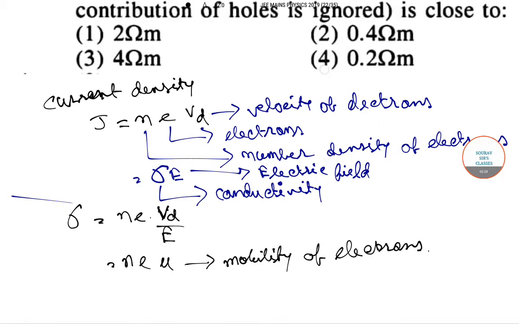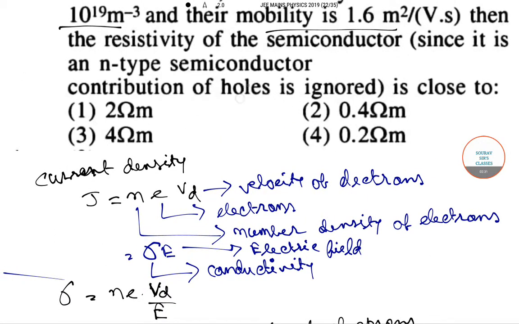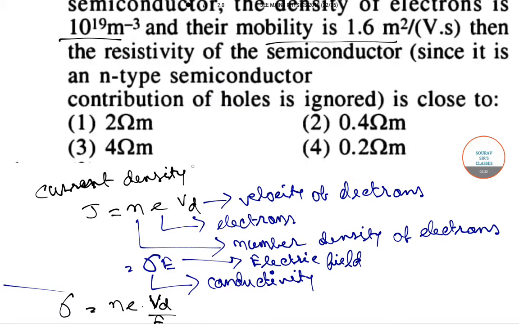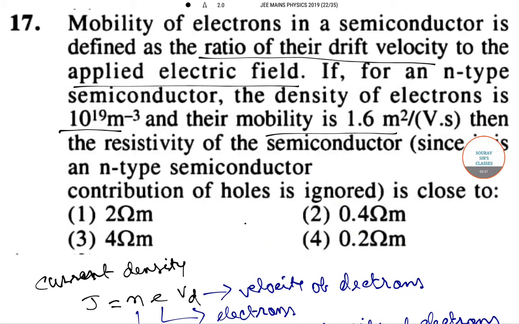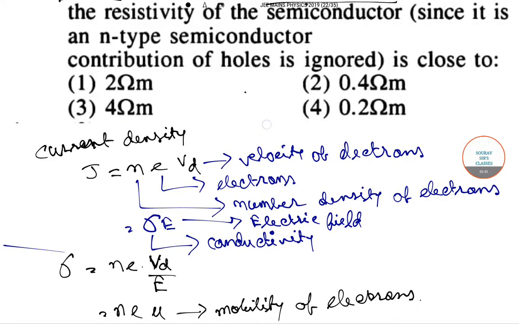In this question, it is given that for the semiconductor, the ratio of the drift velocity and the applied electric field is the mobility.